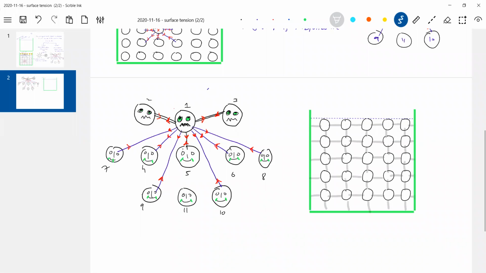What are these? These are forces here. So now shall we put some extra force here? I should take this also: F plus delta F.